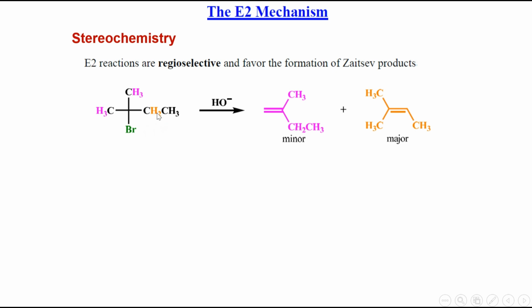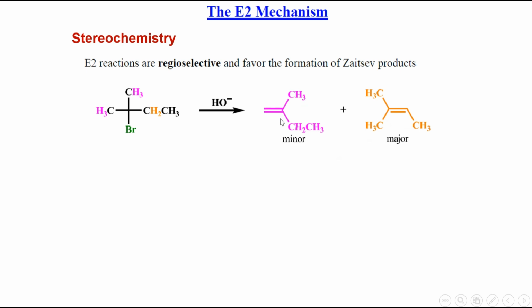If it is eliminated from the right side carbon, I will get the corresponding 1,2,2-trimethyl alkene. And if it is eliminated from the carbon at the left hand side, I'll get the disubstituted product. The major product is the trisubstituted product and the minor product is the disubstituted product.